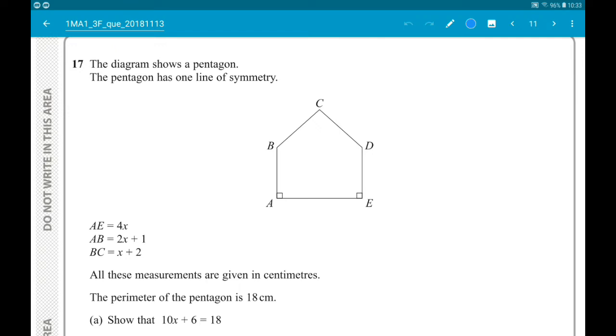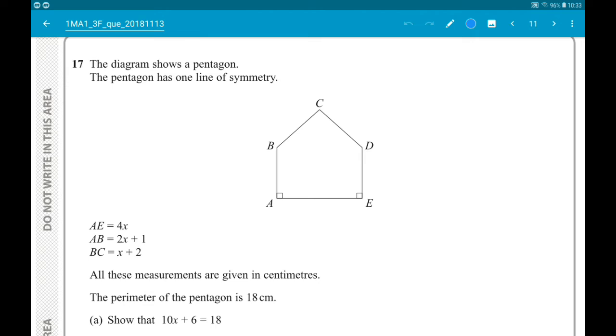So we're told that AE is 4x, AB is 2x add 1, BC is x add 2. All the measurements are given in centimetres. The perimeter of the pentagon is 18 centimetres. Part A, show that 10x add 6 is equal to 18.